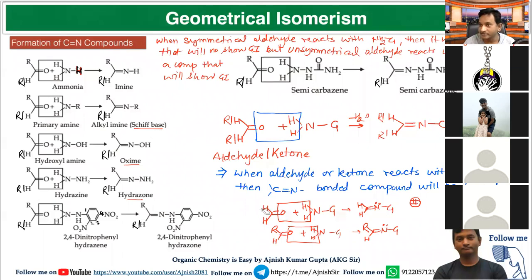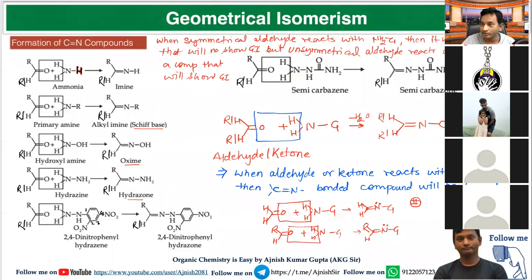If this is R, an alkyl group, and this is also R, an alkyl group, both the same, then here again R will be obtained. And if this is an alkyl group but different, this is R dash.